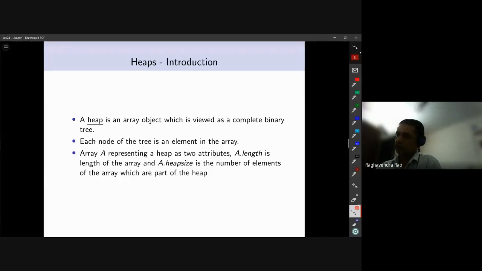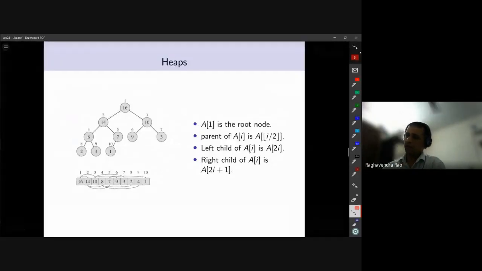This is an example I have taken from CLRS. Say this is the array: 16, 14, 10, 8, 7, 9, 3, 2, 4, 1. We impose a tree structure, assuming that the first element in the array is the root node. So A1 is the root node.